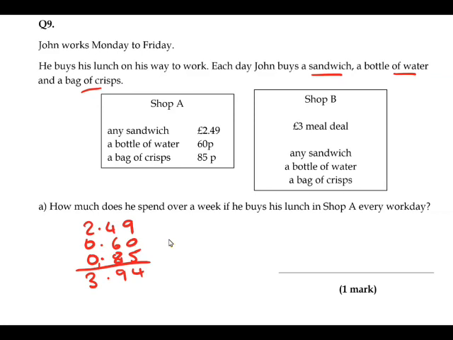That's for 1 day. So each of his working days, Monday, Tuesday, Wednesday, Thursday, Friday, so it's 5 days worth. So we need to multiply £3.94 by 5. Do this whichever method you prefer. So let's use the box method.